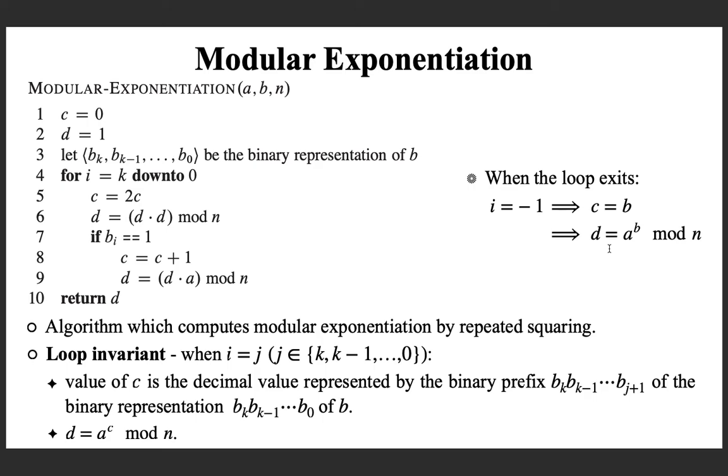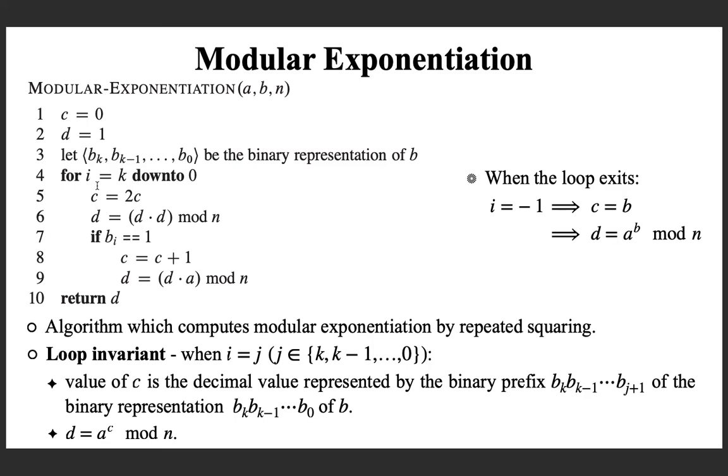So using a sufficient loop invariant, we proved that what is returned is a to the power b mod n. And we proved the correctness of the loop invariant. When the controller came to the loop body for the first time, it was true, and whenever it returned, it was true.